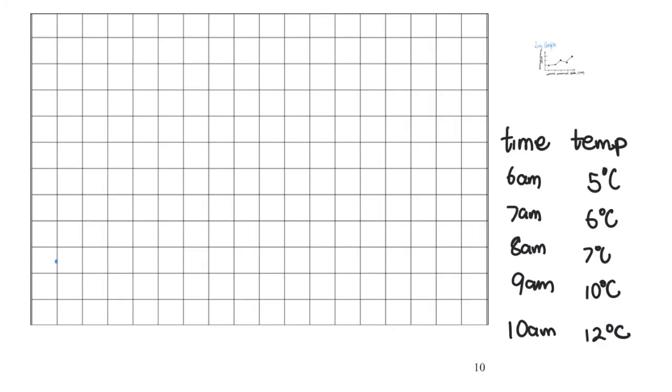Alright, we have got a grid on the left part of the page and we've got some data about time versus temperature. Remember what I told you about time being on the bottom axis? Well, that could come in handy right about now. So we have 6 a.m., 7 a.m., 8 a.m., 9 a.m., 10 a.m. Actually, let's try spread that out.